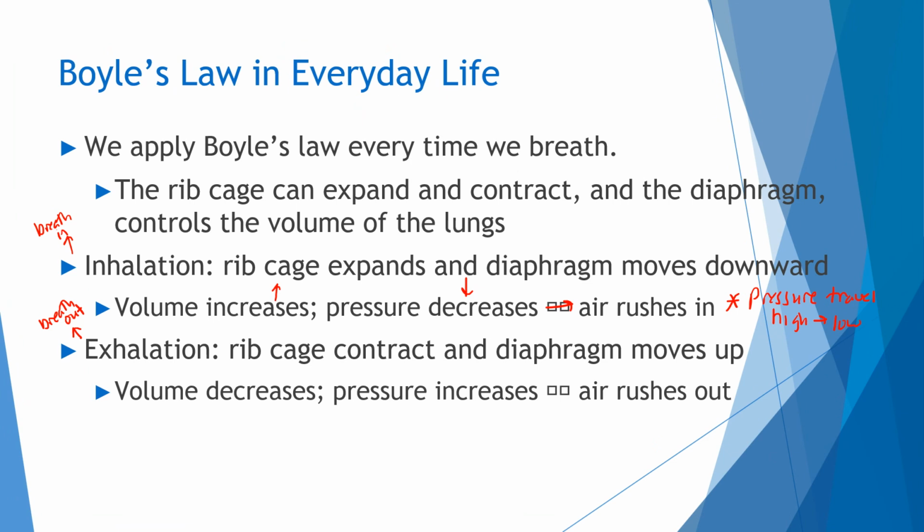Now when we breathe out, it's going to be the opposite. Our rib cage is now going to contract and our diaphragm moves up. The volume then decreases, which causes the pressure to increase. And because we have increased or high pressure within our lungs, again, air is always going to travel from high to low. So it's actually going to cause air to rush out.